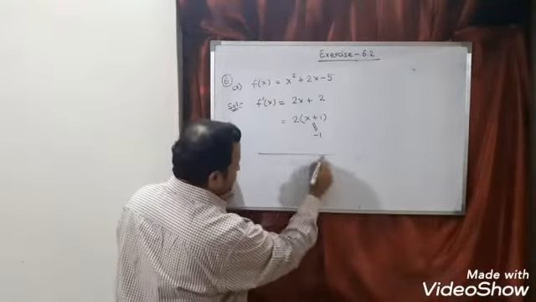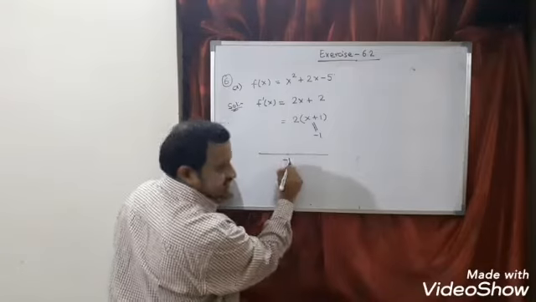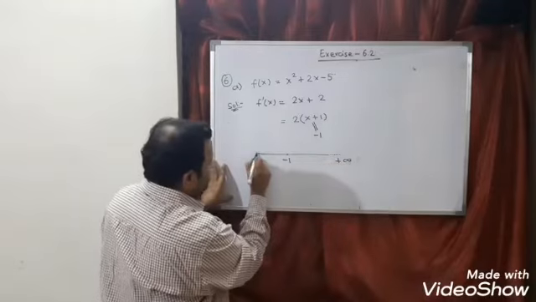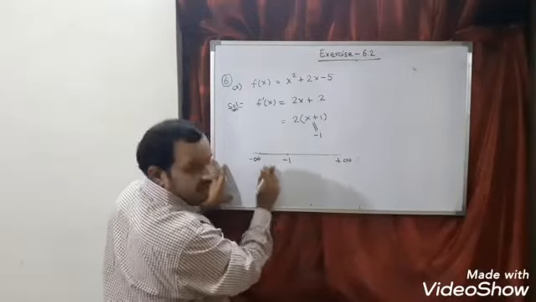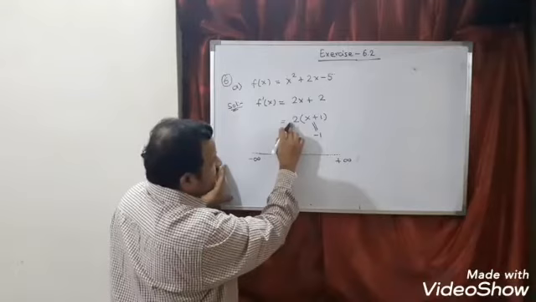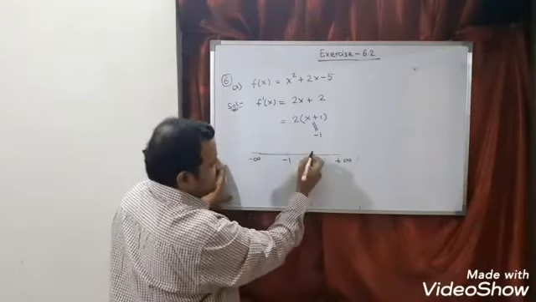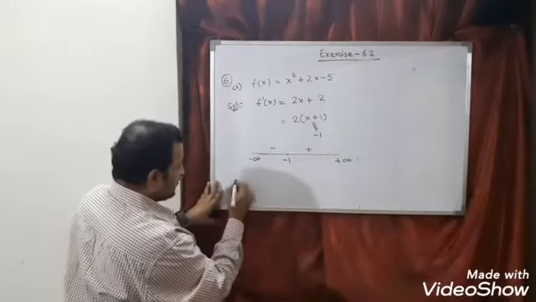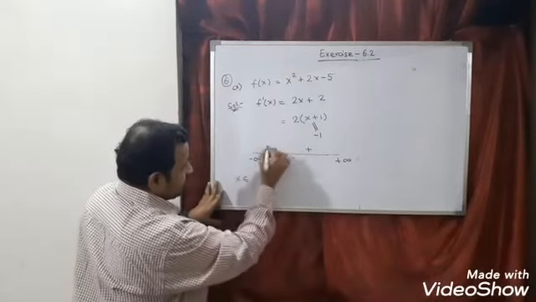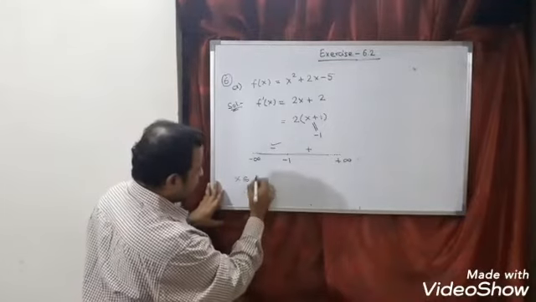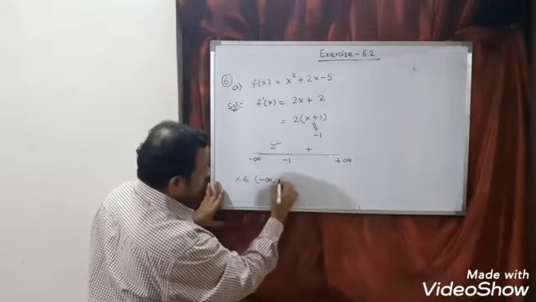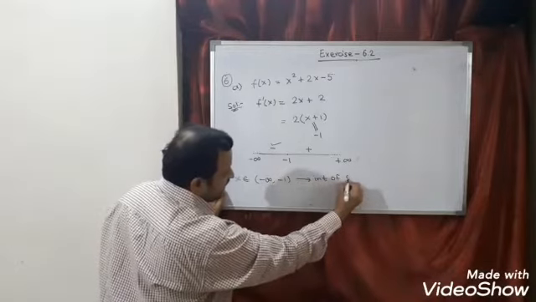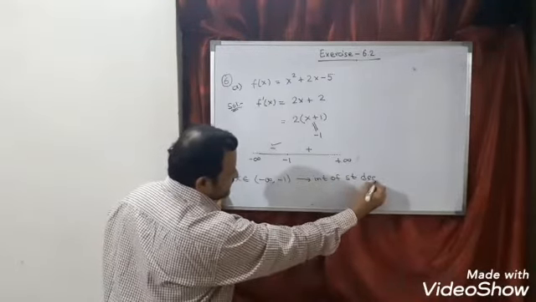So plot all the critical points on the number line. Minus 1. So this I can say plus infinity, and this minus infinity. After the largest, what is the sign of f dash x here? Plus. So plus will come here and then alternate sign, minus. So here I can say x belongs to, the negative sign means decreasing, so minus infinity to minus 1. This is nothing but the interval of strictly decreasing.